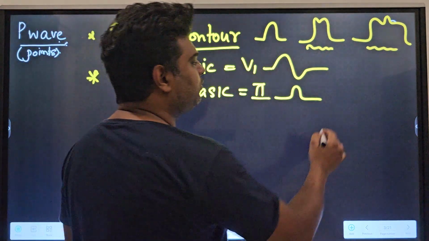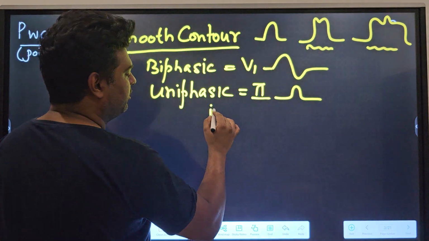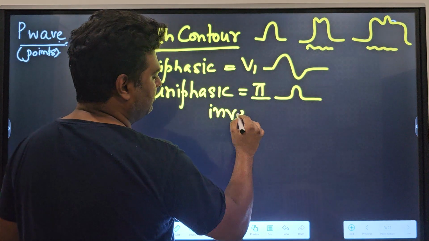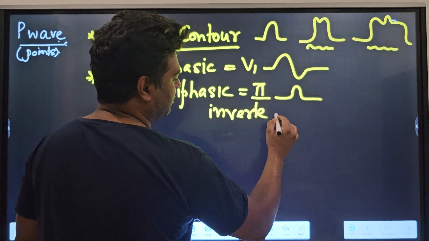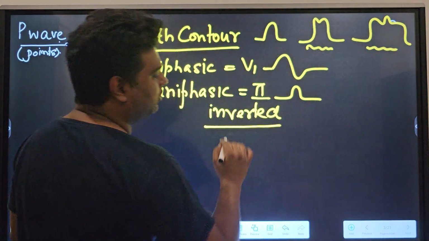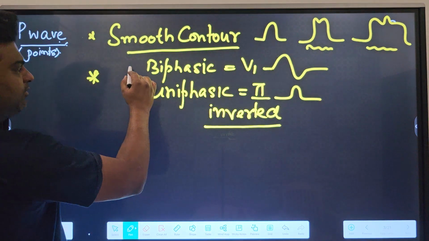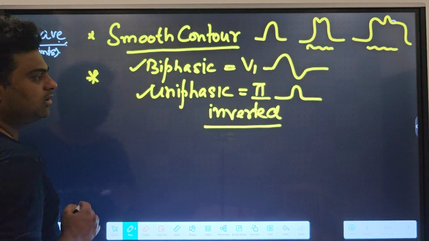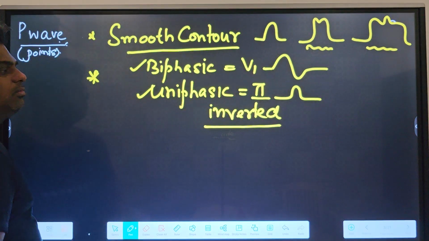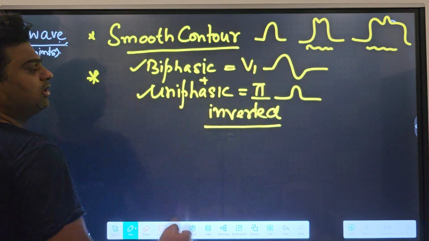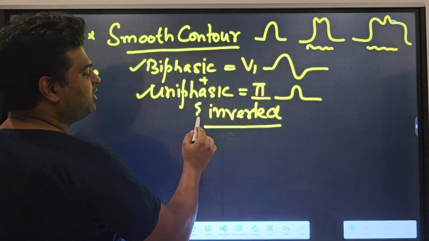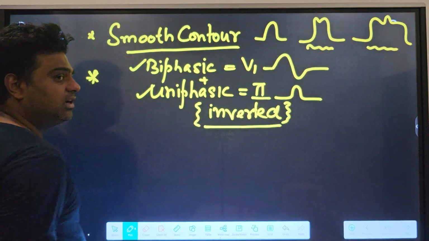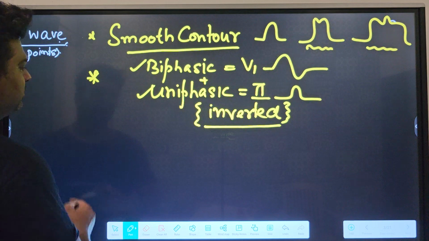Please remember, if you see an inverted P wave, it is not a normal P wave. So a biphasic P wave in V1 is normal. Uniphasic in lead 2 is normal, that is, positive deflection is normal. But if you see only an inverted P wave, that is not normal.